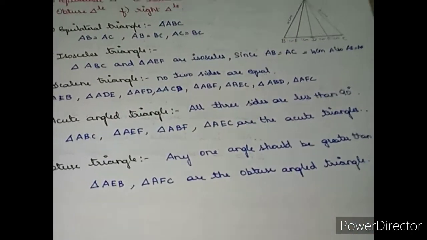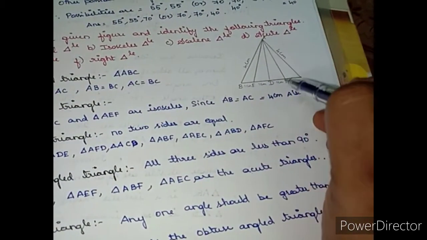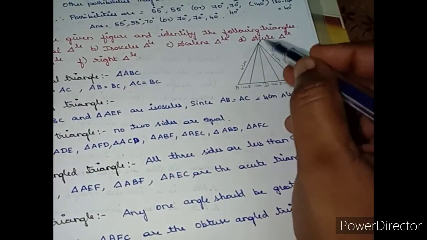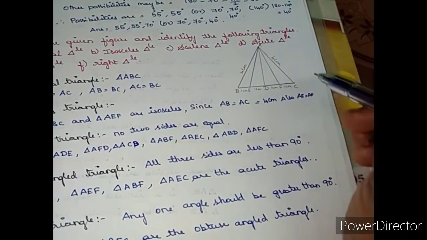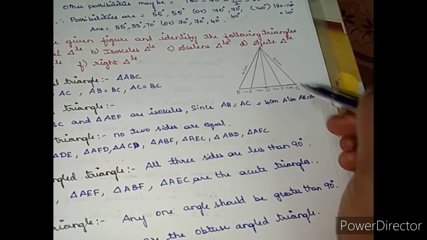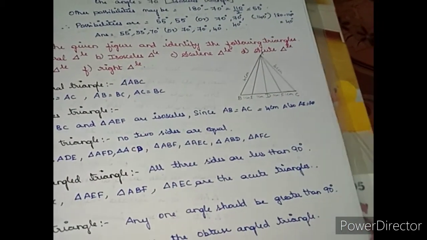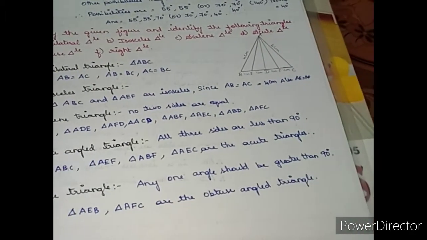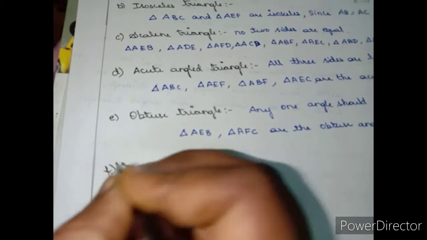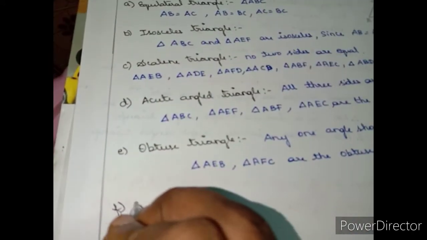Okay, so AEB, then AFC. So these are the obtuse angled triangles.